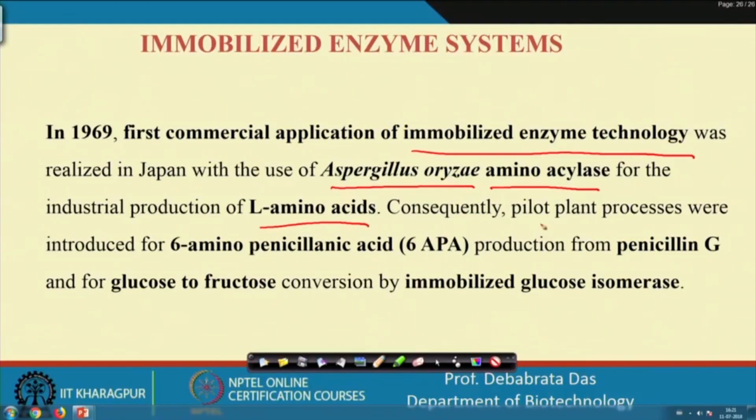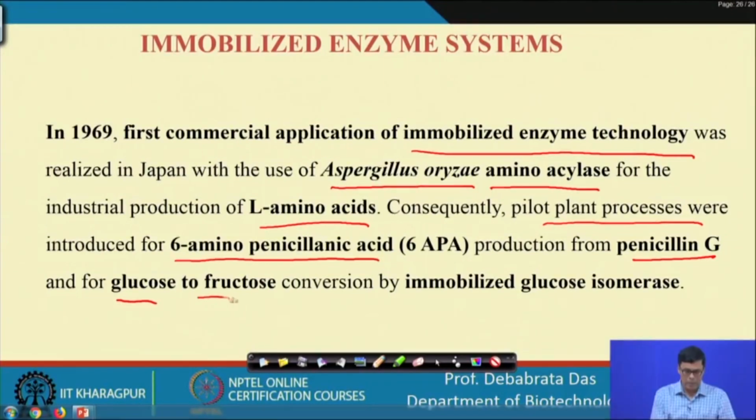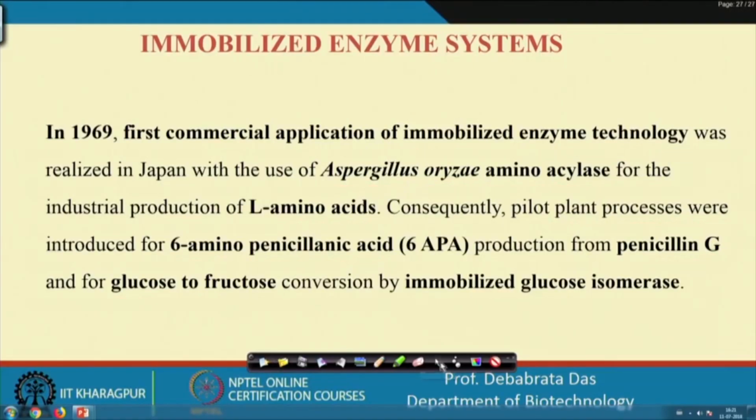Consequently, pilot plant processes were introduced for the production of 6-aminopenicillanic acid from penicillin G, and we also know that glucose can be converted to fructose with the help of immobilized glucose isomerase enzymes. So we have tremendous potential as far as immobilized enzymes are concerned.